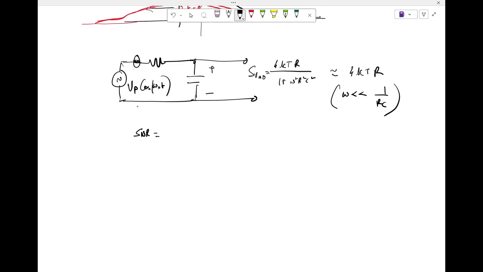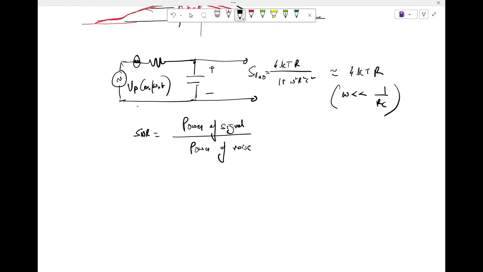Signal to noise ratio will be power of the signal by power of noise. Now you can express this power in multiple ways.